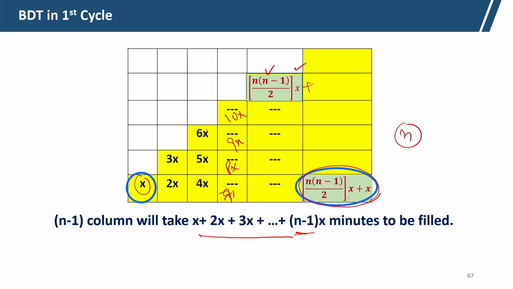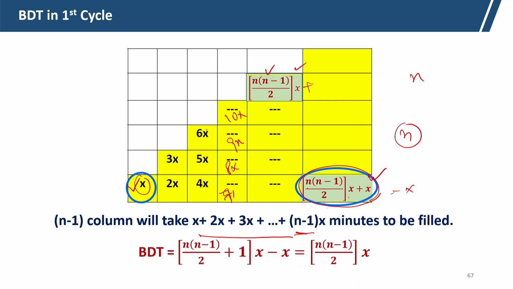Now, what will be the blending delay time for this nth column? So, this section. Blending delay time is this: this is the maximum time and this is the minimum time. As we have seen, this minus x will be the blending delay time. So, ultimately the blending delay time is n multiplied by n minus 1 by 2 multiplied by x.